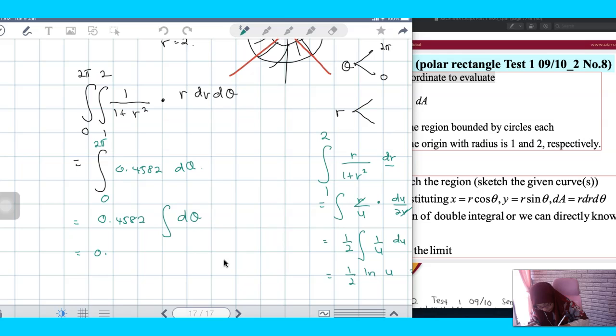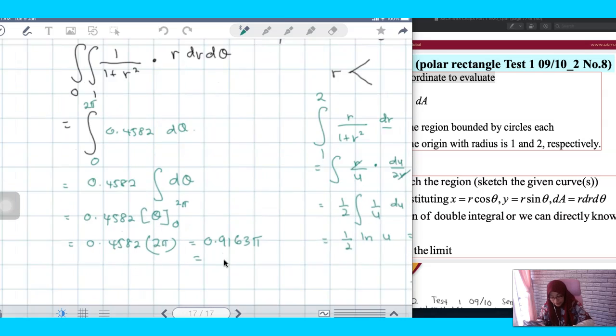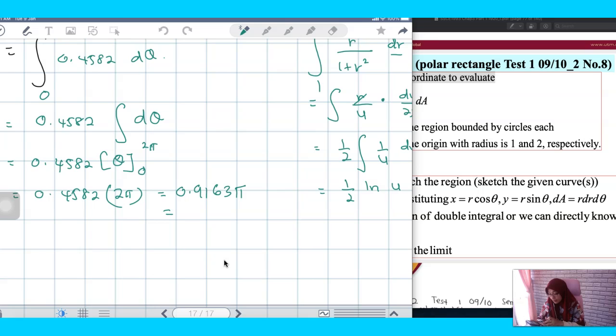Then 0.4582 theta from 0 to 2 pi, so 0.4582 times 2 pi, and multiply by 2. So 0.9163 pi. You can leave your answer in terms of pi, or you can just multiply.